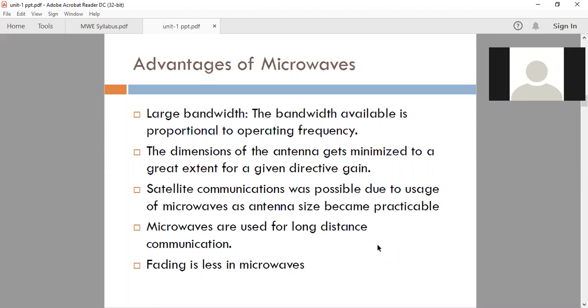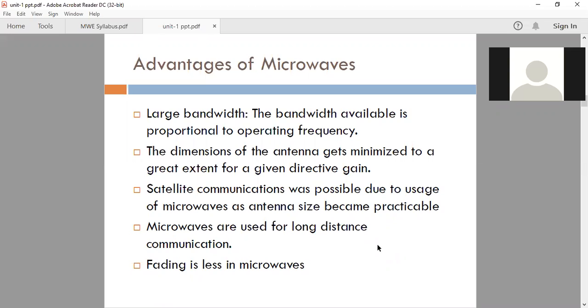Satellite communication was possible due to usage of microwaves as antenna size became practicable. Microwaves are used for long distance communication. And another important thing, fading is less in microwaves.